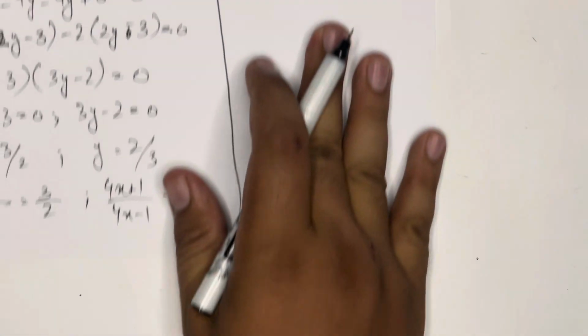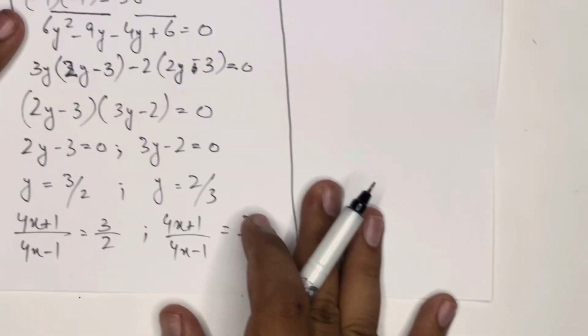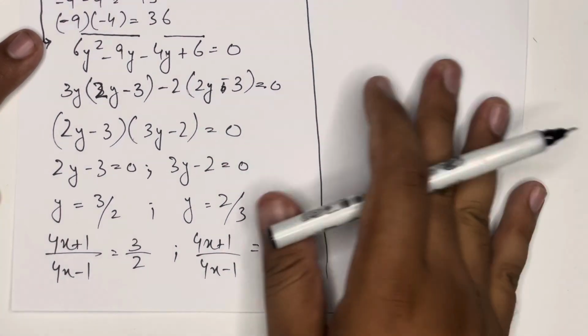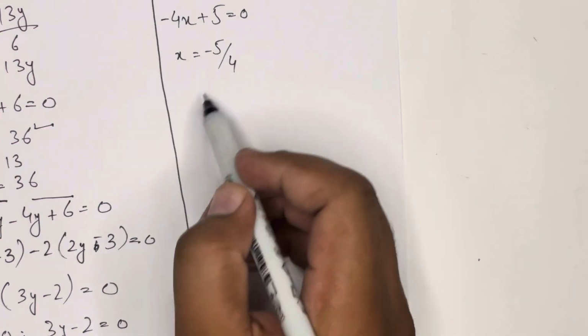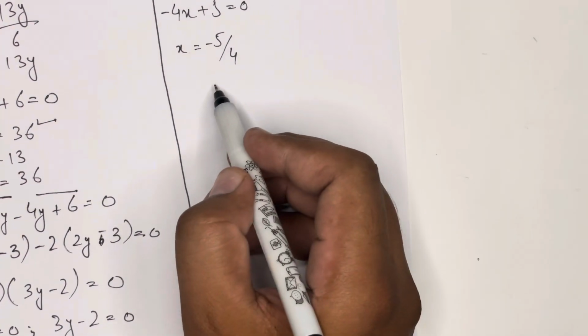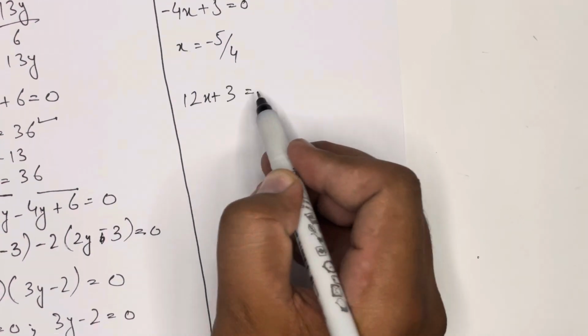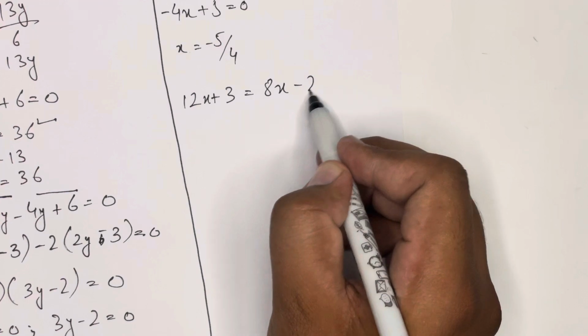Now I am doing the cross multiplication of the other two terms. I am writing it here: 4x plus 12x plus 3 equal to 8x minus 2.